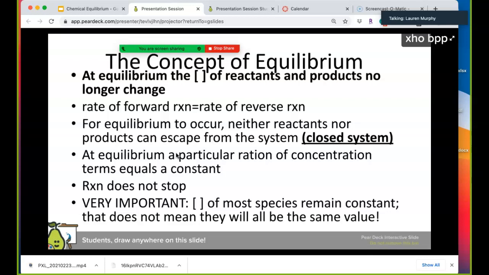They are not equal. Now they can be equal, but if that happens, it's just a coincidence. Equilibrium has nothing to do with how much products or reactants you have. Equilibrium has everything to do with the rate at which you go forward to make products being the same rate at which you're going backwards to get your reactants back. And it's like a teeter-totter, just goes back and forth over and over and over again, okay?